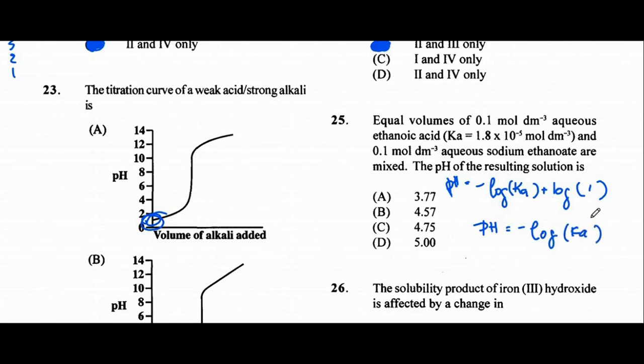So the pH is equal to pKa, so minus log to the base 10 of 1.8 times 10 to the minus 5 is equal to 4.74. Alright, I must say I'm off by a bit, but 25C.